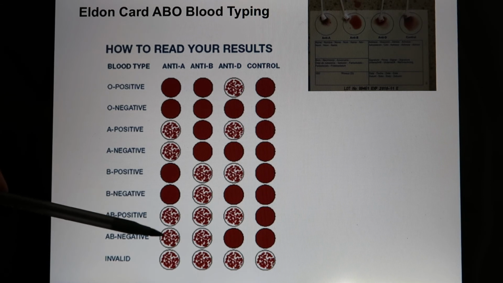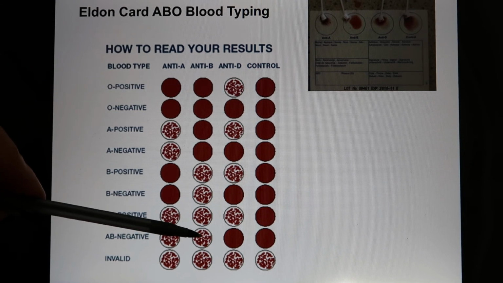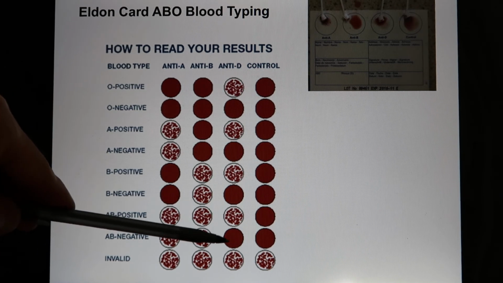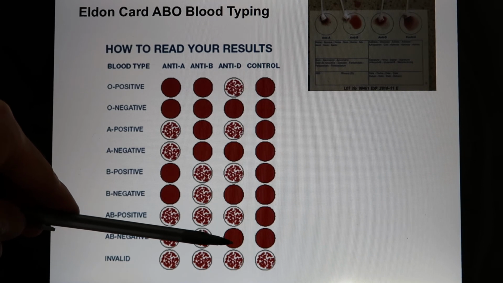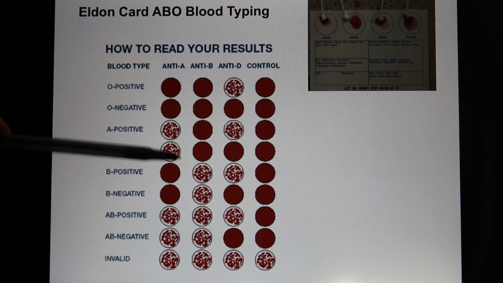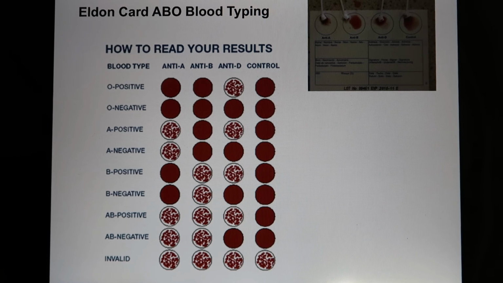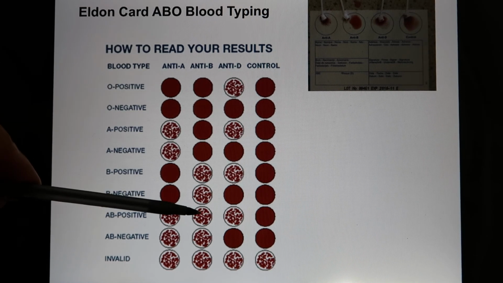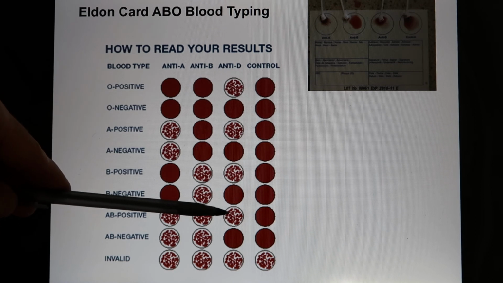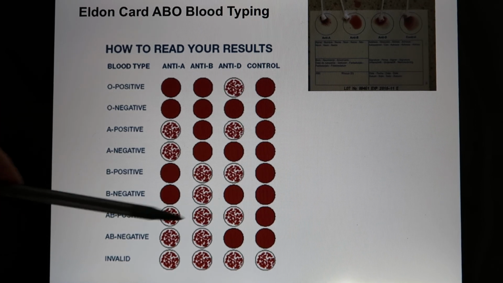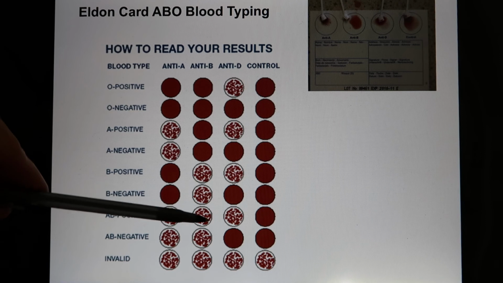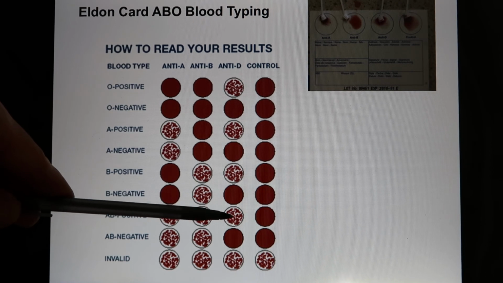So we see the clotting in A, we see the clotting in B, we see nothing in RH, no clotting. So that means this person's blood type is AB negative. And this one, we see clotting in A, clotting in B, and clotting in RH. The D is RH. So this person's blood type is AB positive.